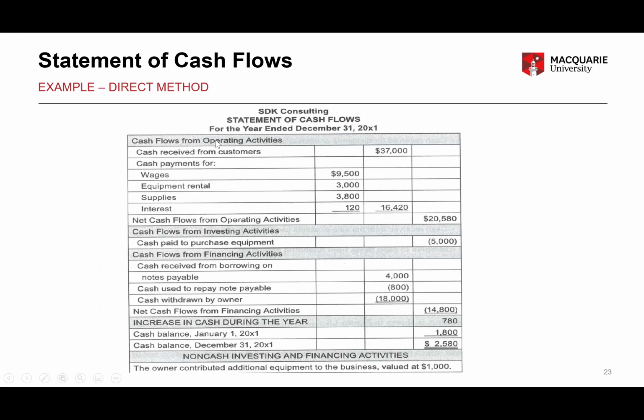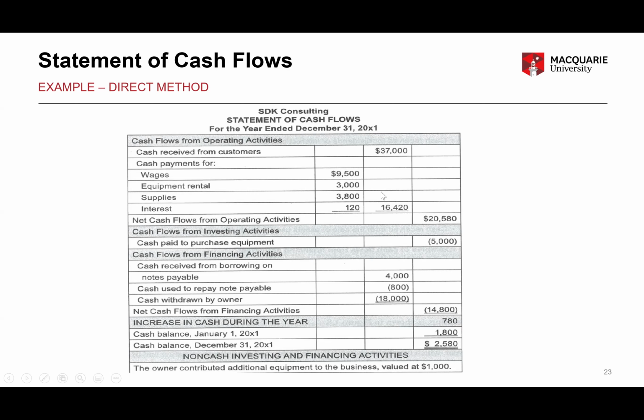All right, so this is the direct method where we find the cash inflows and outflows directly about what was the cash received from customers, what were the cash outflows associated with wages and these other items. Right? So you can see here we have the cash received from customers.